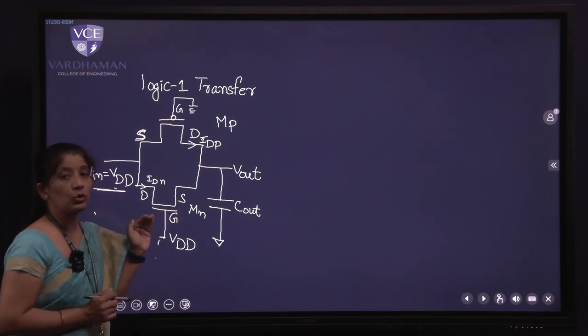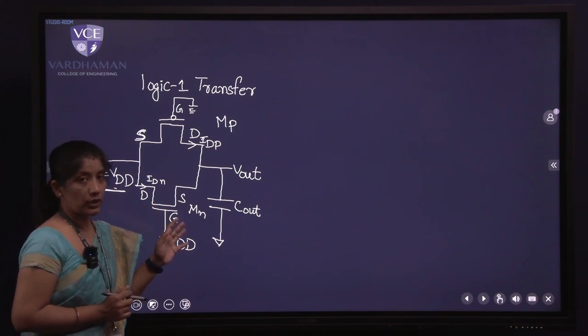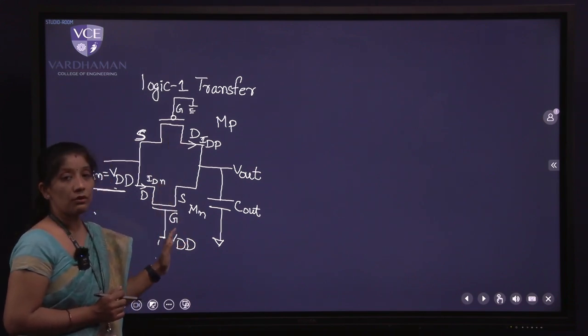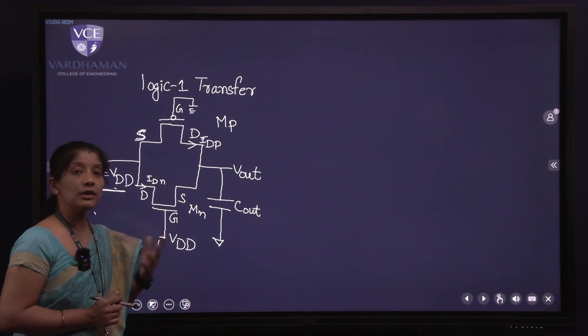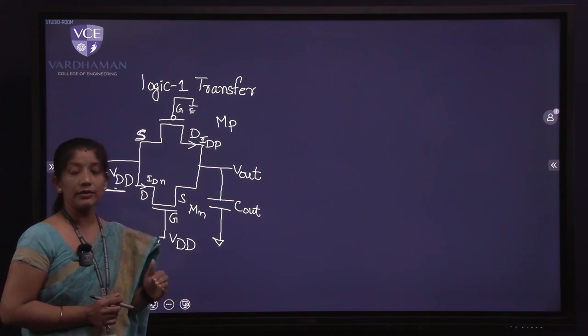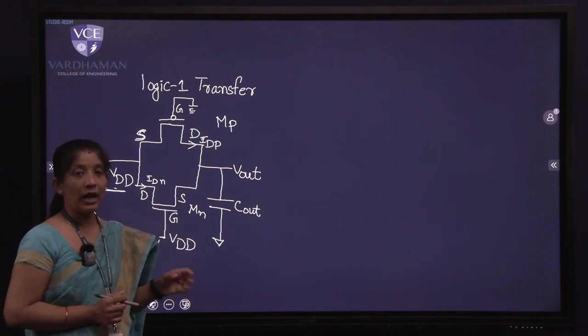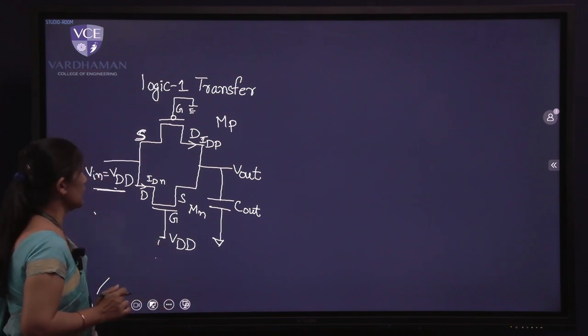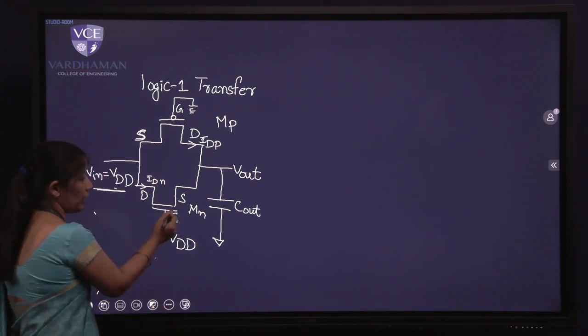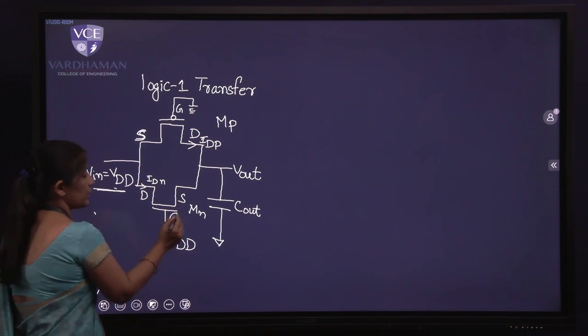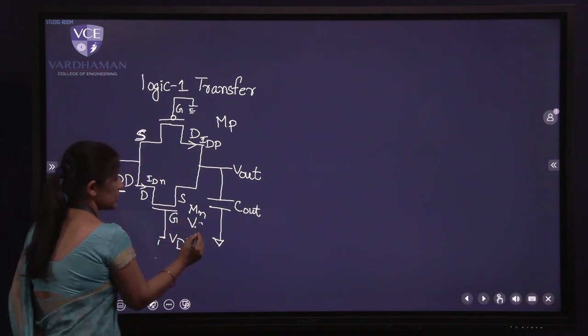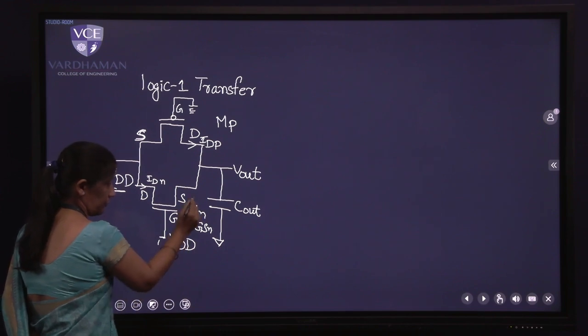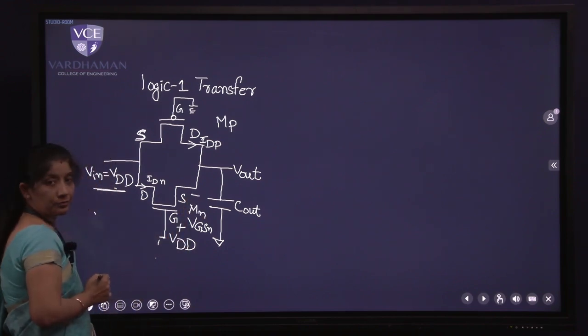Now what we have to do in the analysis here is determine the operating regions of the respective transistors, whether they are in cutoff, saturation or non-saturation, and based on what conditions they have been decided. Now let us mark the voltage levels. For the NMOS transistor, we need VGSN: gate is positive, source is negative.